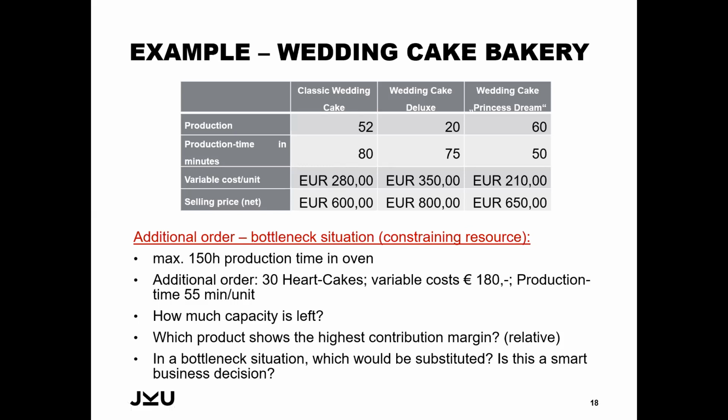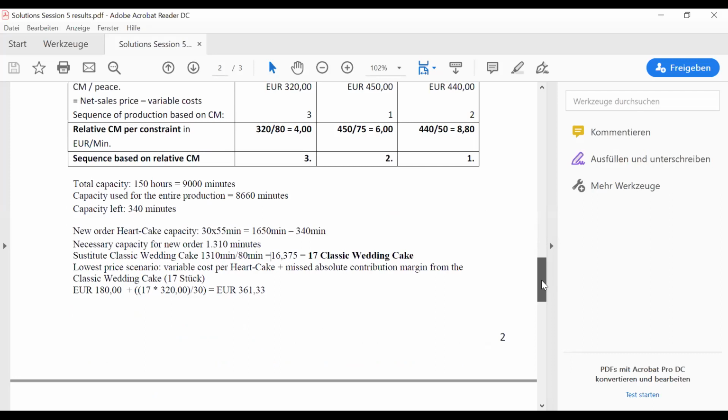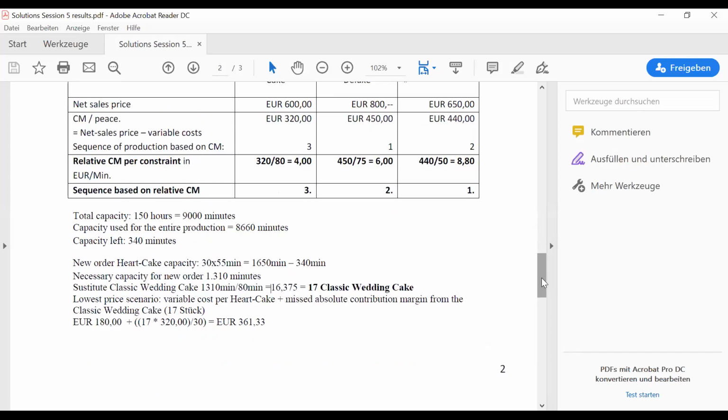So we don't have to skip the whole production of the classic wedding cake. We only need to skip, so to speak, a certain percentage or a certain part of the production. And that means we need to calculate how many we are going to remove or skip. So I go back to the solutions.